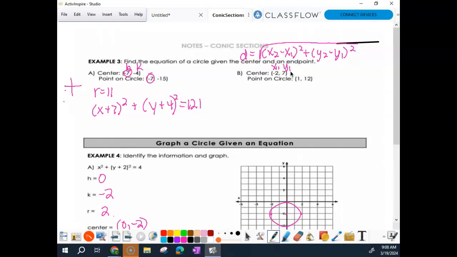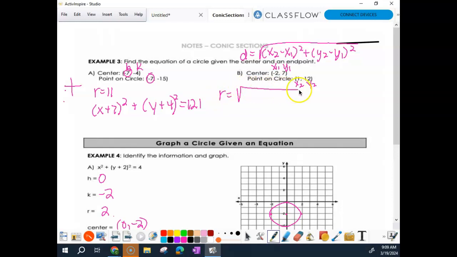And if I use this for my second point, I get x2, y2, the x and the y from my second point. So to find the radius or the distance between the two, I'm just going to plug those into the formula, and that's going to give me my radius.